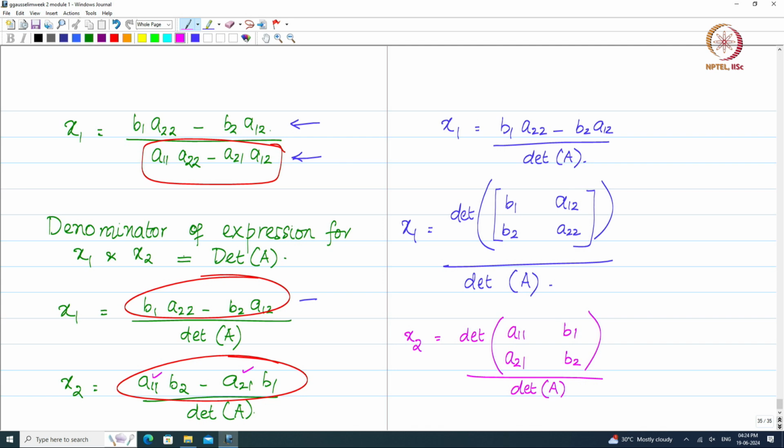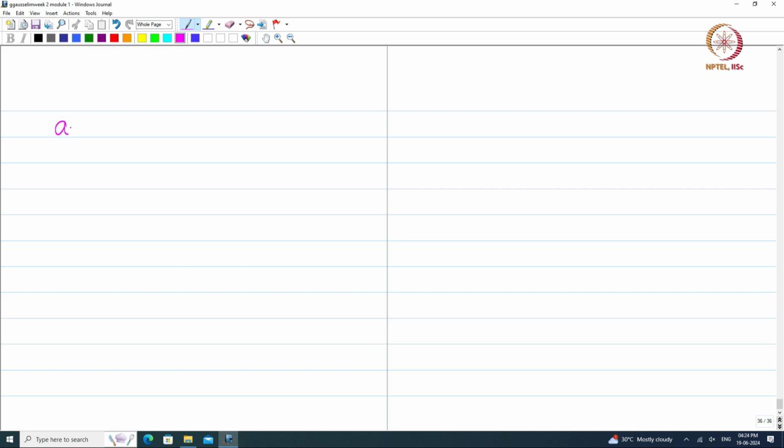Let us say the first case, the system of equations is A11 x1 plus A12 x2 is equal to B1, and A21 x1 plus A22 x2 is equal to B2.